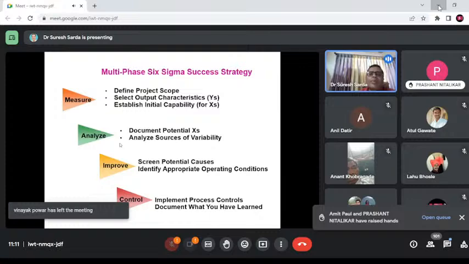Sometimes you have to go for failure mode and criticality analysis, FMECA as it is known. Then improve the process: you find the causes, you take action on that, and you make some changes in the process. You measure the important parameters of the products produced by it, maintain the record, and then control it.